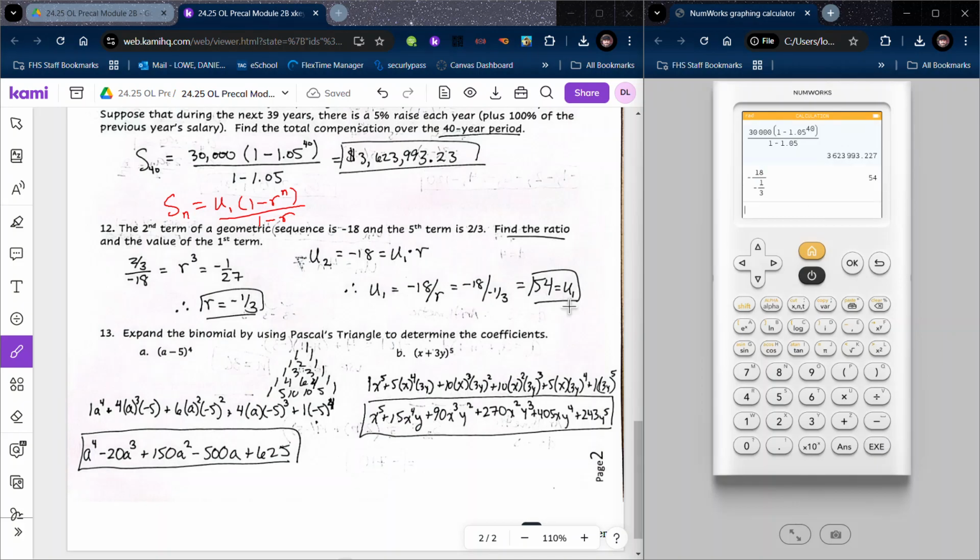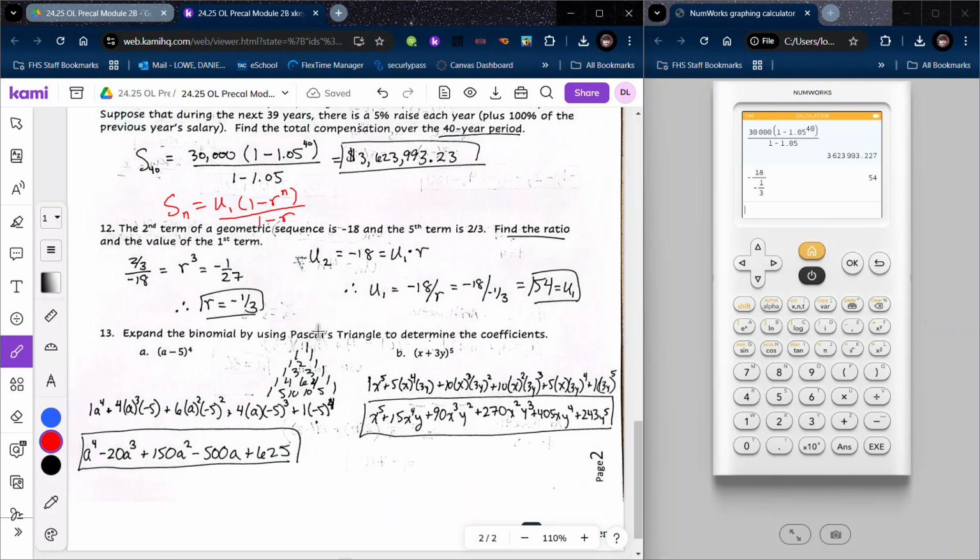And lastly, our binomial expansion. For binomial expansions, it is important to understand Pascal's triangle. Pascal's triangle is going to build and help me with the coefficients of this binomial expansion. If I have something to the fourth power, my first coefficient is going to be 1.